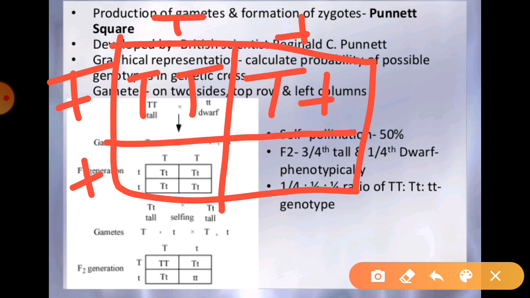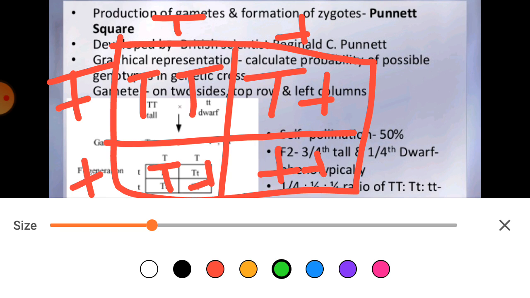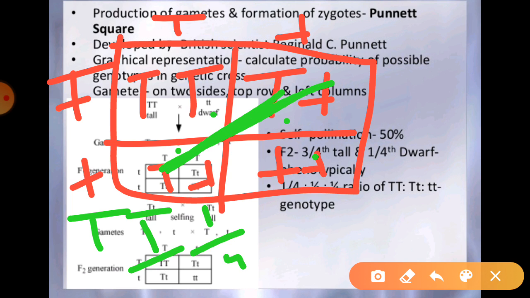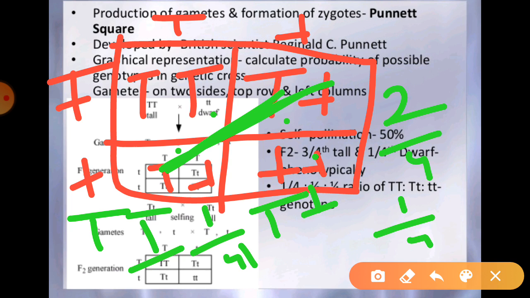Here you will get capital T and small t, and here you will get both small. You can see there are 4 boxes, 1 2 3 4. Out of that, how many are capital T and capital T? You will get 1 upon 4. After that you will get capital T and small t, that is always 2 upon 4, and the last one, small t and small t, is 1 upon 4.